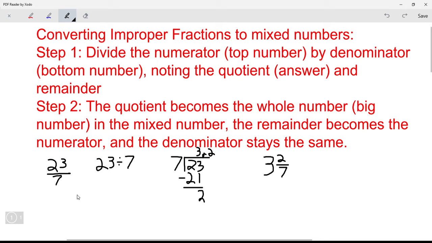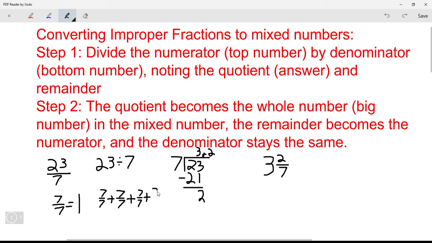And the reason this works is because 7 sevenths equals 1. So to get 23 sevenths, you would have to add 7 sevenths plus 7 sevenths. That would give us 14 sevenths plus 7 sevenths. That would give us 21 sevenths.